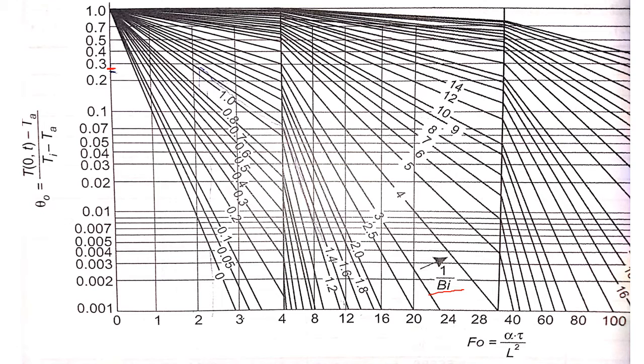Like this way, I am coming horizontally, let me draw a horizontal line like this. Then next, 1 divided by Biot number is approximately 1.23, which we already calculated as 1.229. So 1.23 will be somewhere in between 1.2 and 1.4.